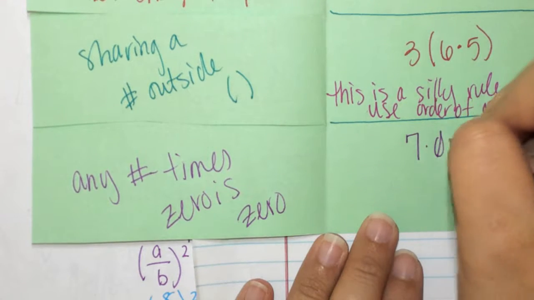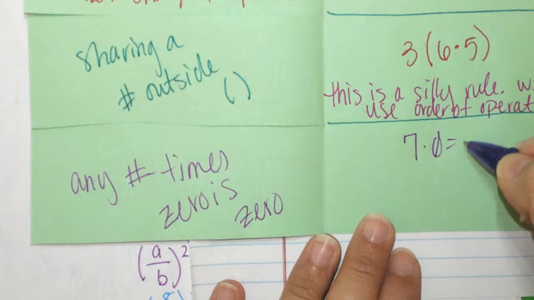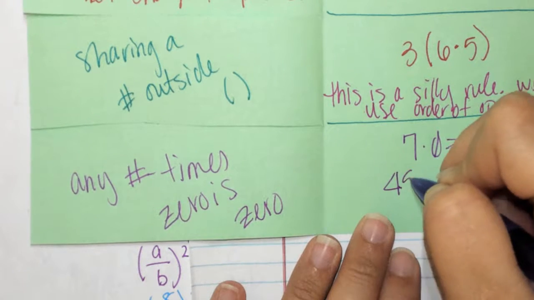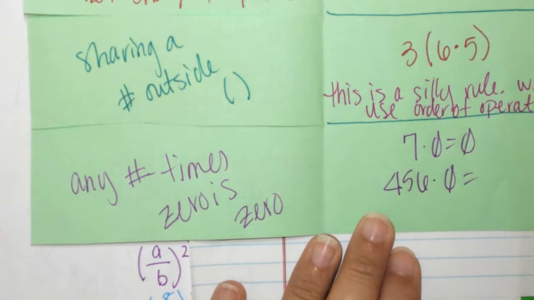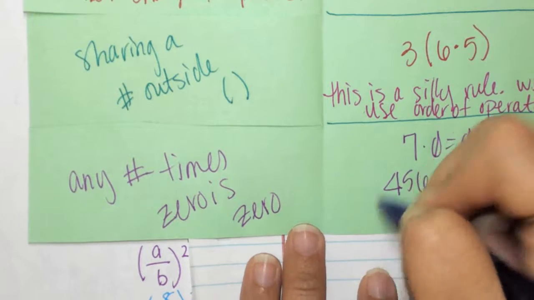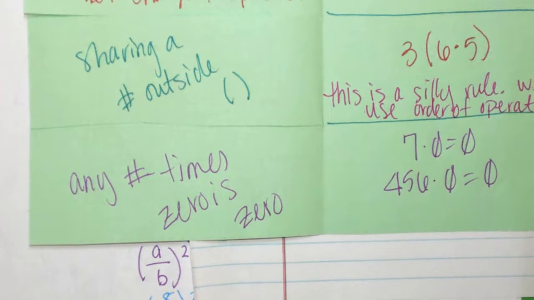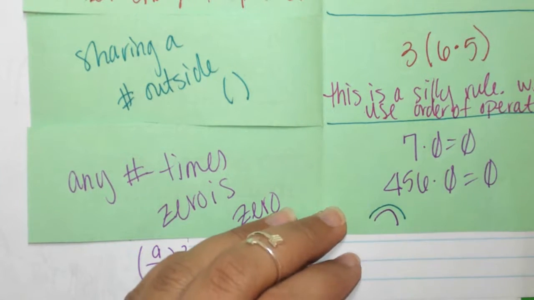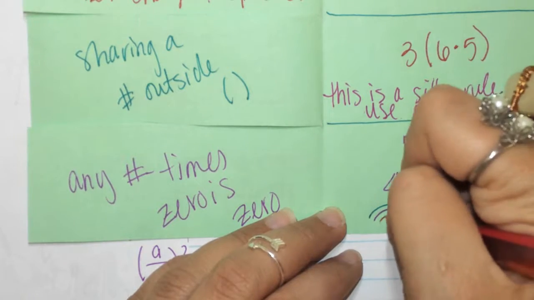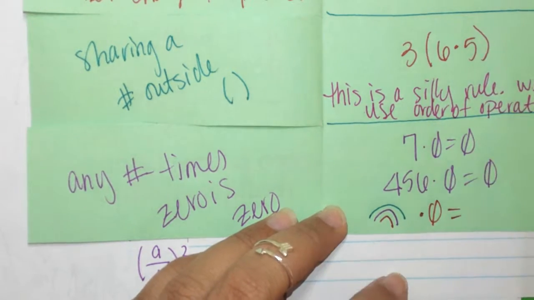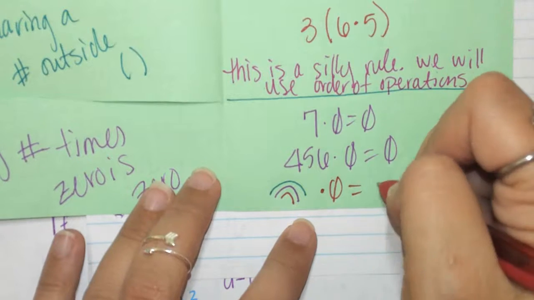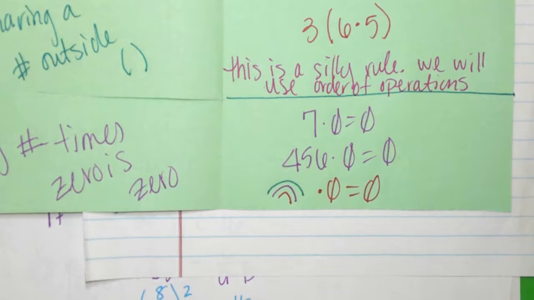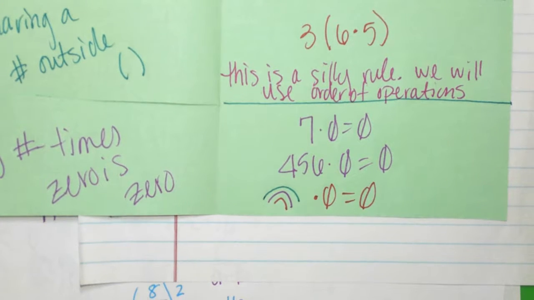So 7 times 0 is 0. 456 times 0 is 0. A rainbow times 0 is 0. Anything times 0 is 0.